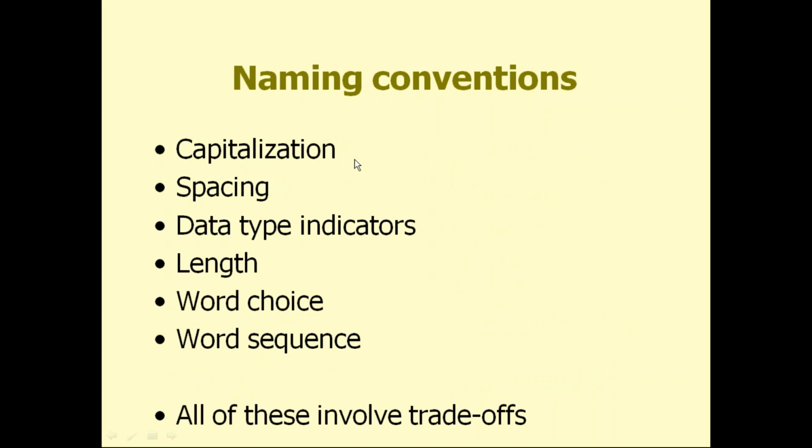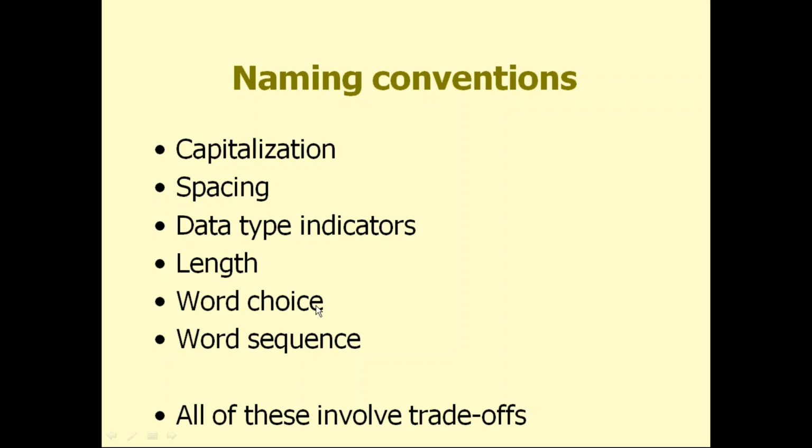There's an elaborate document in that Standards and Practices memo I just showed you that talks about all of these aspects. What letters should you capitalize? Should you use spaces or not? Yes is our general answer. They're much more readable. Should you put these 2-letter data type indicators? We highly encourage that. It makes good sense for a variety of reasons. You want to keep the length as short as possible, but long enough to be meaningful.